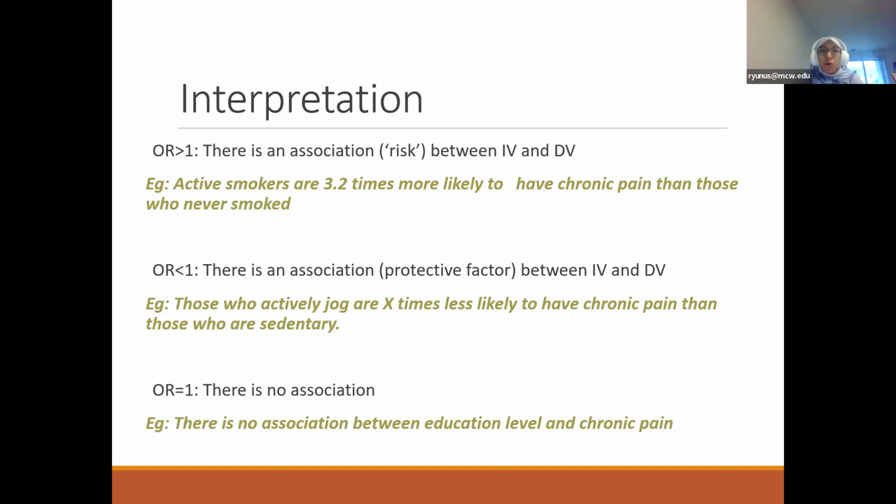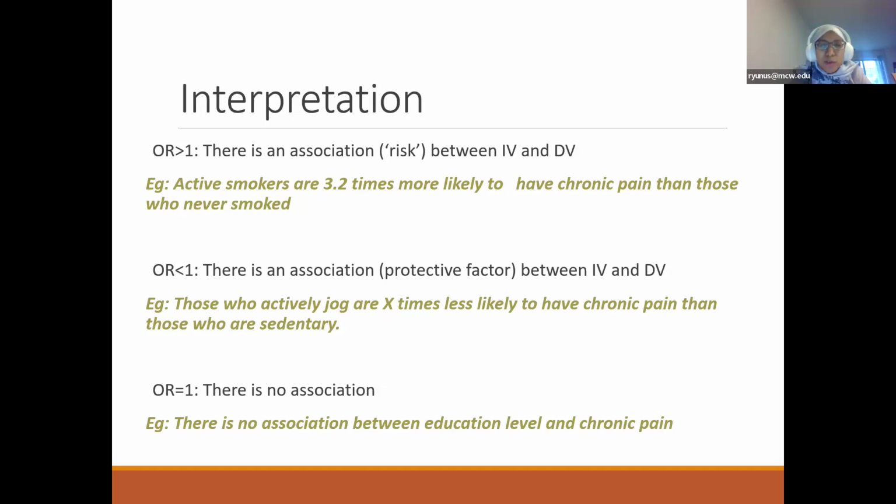If your odds ratio is more than 1, that means there is an association. I put in bracket the risk because odds simply means the chance or the likelihood of something happening. But in the field of epidemiology, we try to avoid using the word risk for odds ratio because we feel that association reflects better the relationship between your independent and dependent variable.